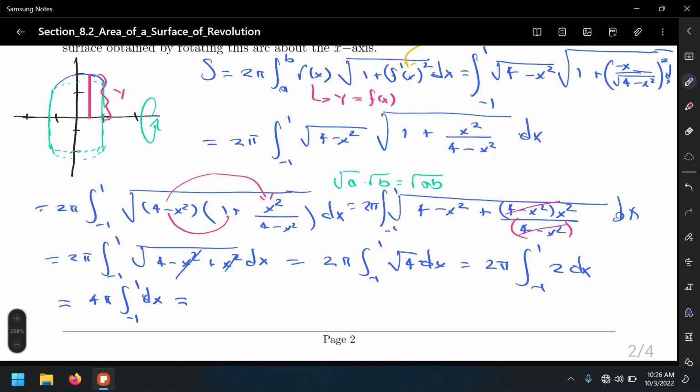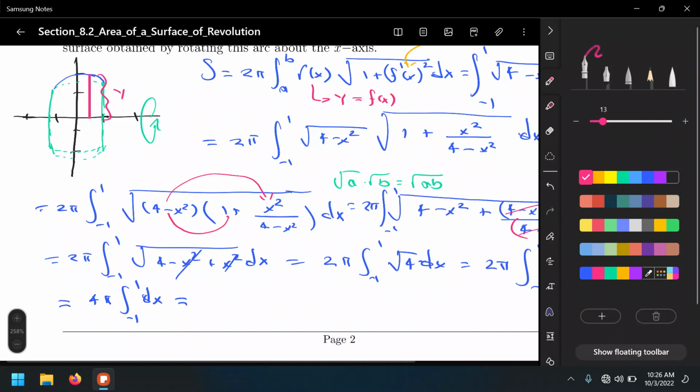Notice that if we integrate from negative 1 to 1, this is the same as saying 2 times 4 pi, the integral from 0 to 1. See what I'm saying? So instead of integrating from negative 1 to 1, we can integrate from 0 to 1 and multiply that result by 2.